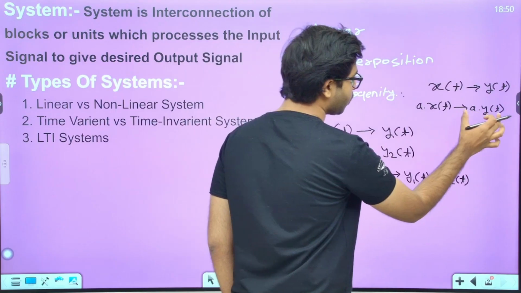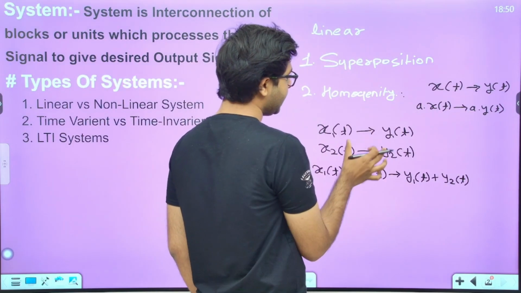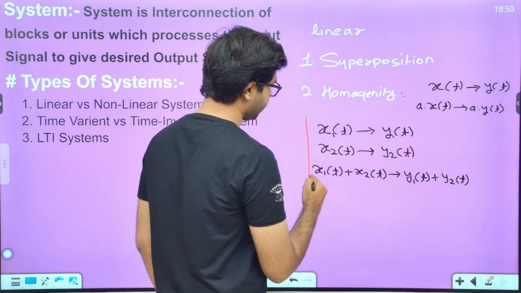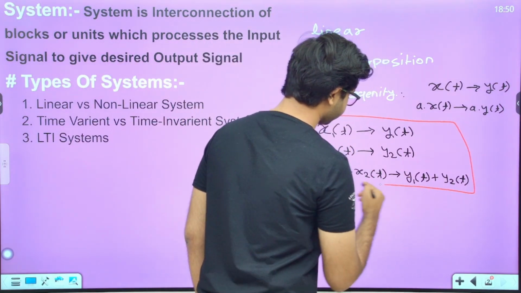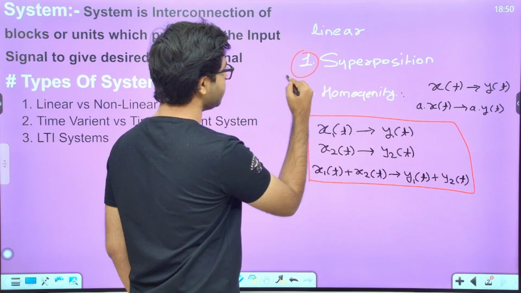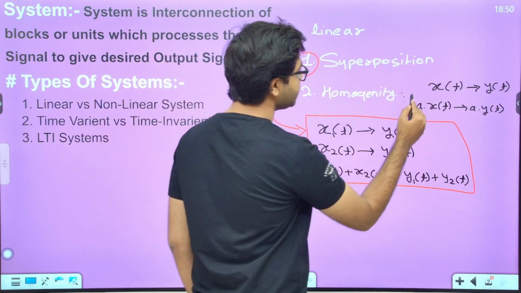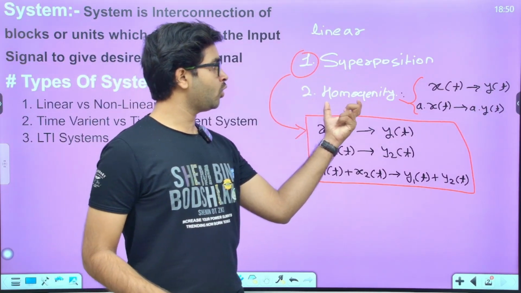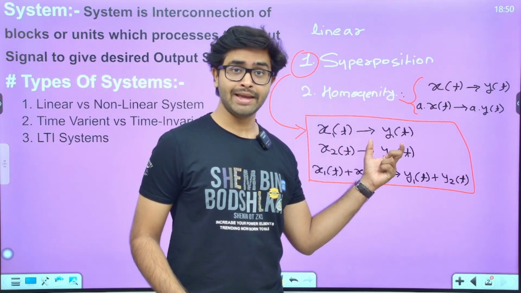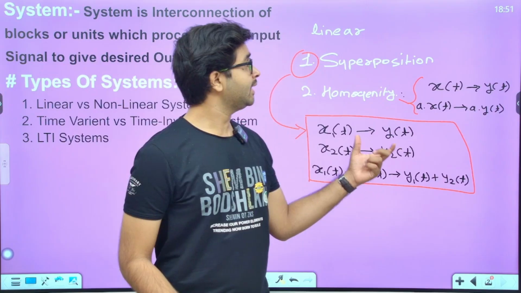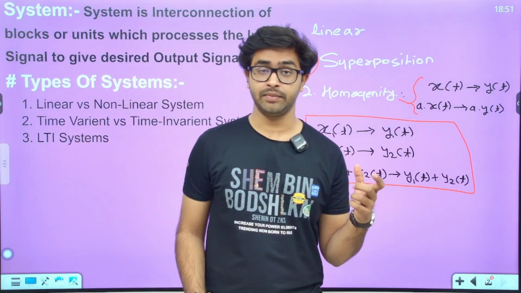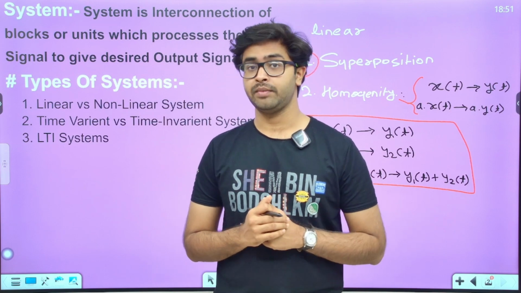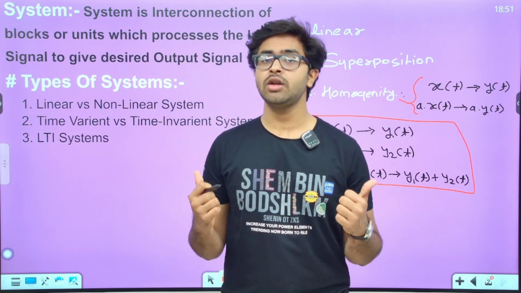So if this property is followed, then it is homogeneous, and if the addition part is followed, then it's the superposition principle. And when superposition and homogeneity both are followed by a specific system, then it's a linear system. Then only we can call the specific system a linear system. And if it's not followed, then it's non-linear.